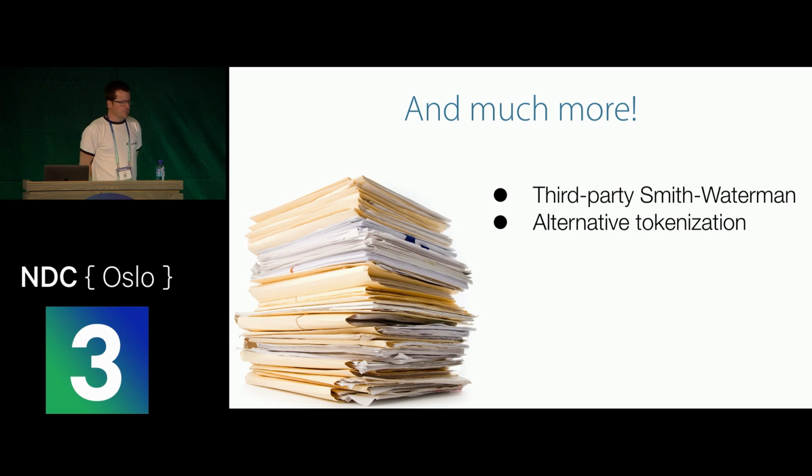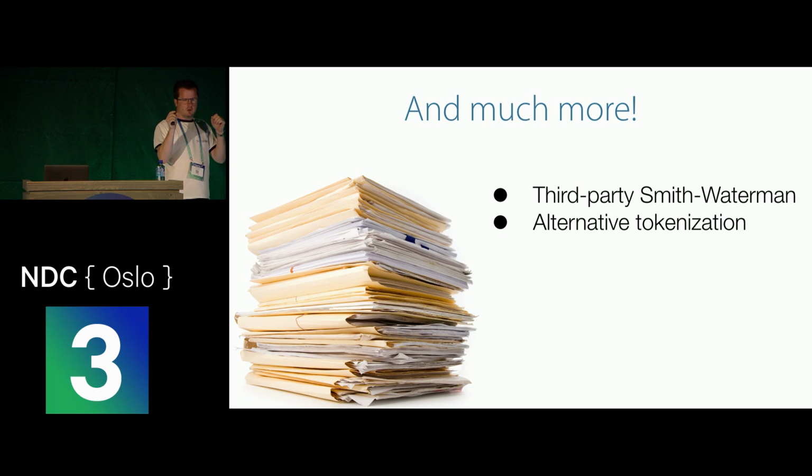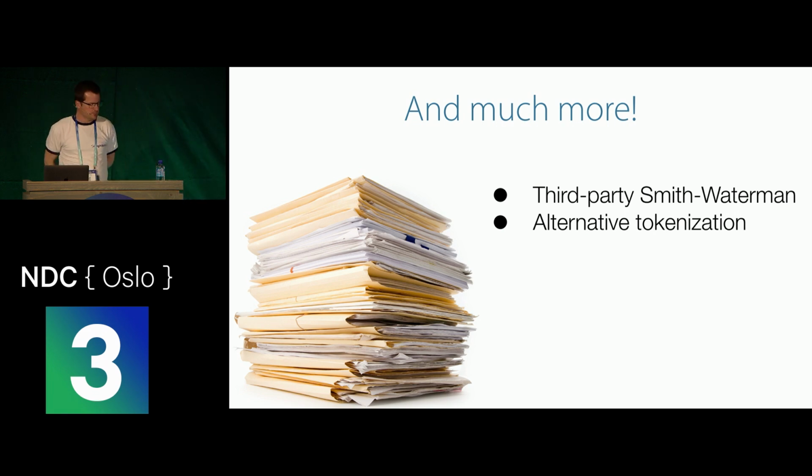Alternative tokenization. If you go and read that paper that I initially stole the ideas from, they tokenize their source code on words, on spaces. They tokenize whole words, and that's how they do their matching.